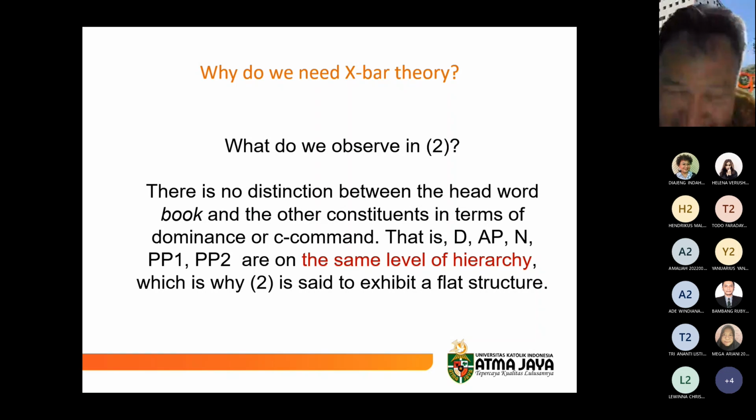And if you use the phrase structure rules, we cannot get rid of the flat structure. So Chomsky and his proponents in the 1970s were aware of this problem with the phrase structure rules. So they proposed another theory called X-bar to solve this problem of flat structure.